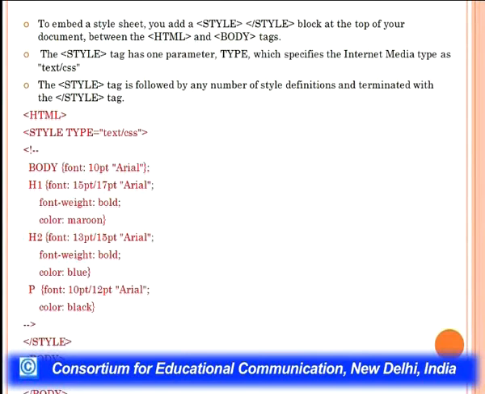So you can see here we have written HTML, then we write style type is equal to, and you write text/CSS, because this is the internet media type that we are specifying, that you are going to use text media type or a CSS media type. Then you have the HTML comments.